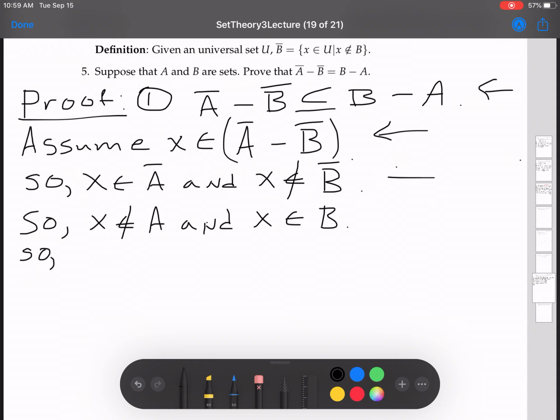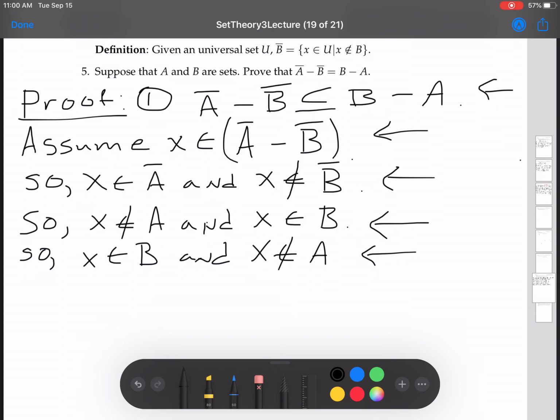So what does that mean? Using the definition of set difference, that means that x is in A complement and x is not in B complement. So if you're in the complement of A, that means you're not in A. And if you're not in the complement of B, then that means you must be in B. So x is in B and x is not in A. That's just rewriting everything.